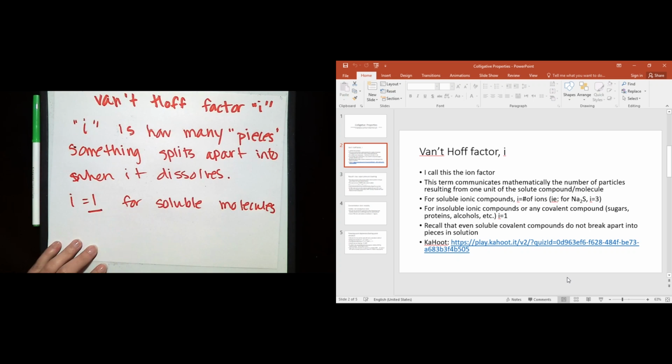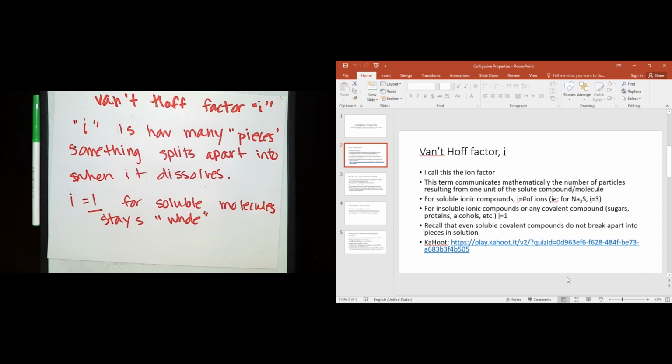Every molecule stays whole. The way the water molecules are arranged around it is determined by the polarity, if it's a polar molecule, but it doesn't break apart into pieces. i is also going to be 1 for anything that is insoluble. It's not going to break apart into pieces.